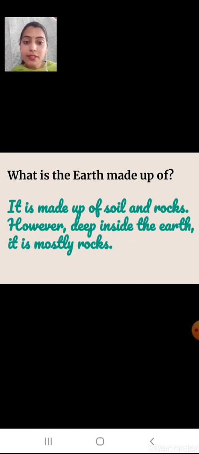However, deep inside the earth, it is mostly rocks. Earth is made up of soil and soil is made up of rock. Soil is the tiny particles of broken rocks. Alright? So, the earth is made up of soil and rocks. However, deep inside the earth, it is mostly rocks.